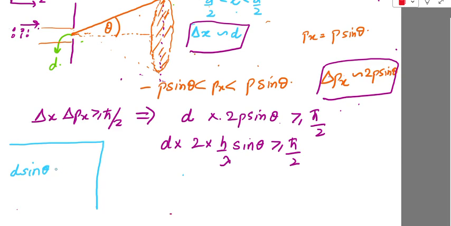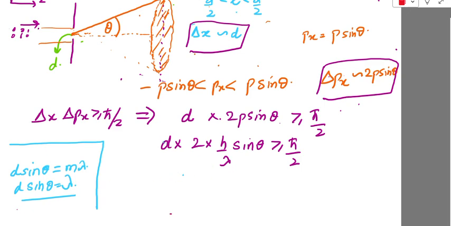Then you arrive at the condition d sine theta equals m lambda, and for m equal to 1 you get the first minima. So d sine theta is equal to lambda, and from here sine theta is equal to lambda by d.